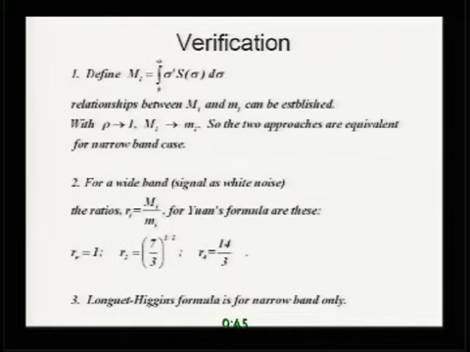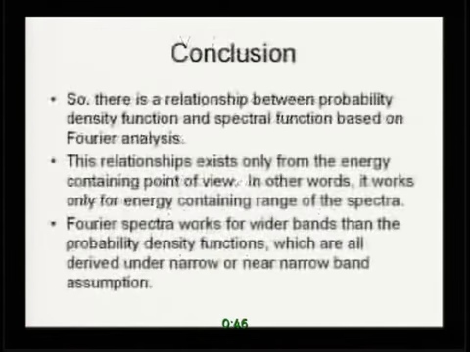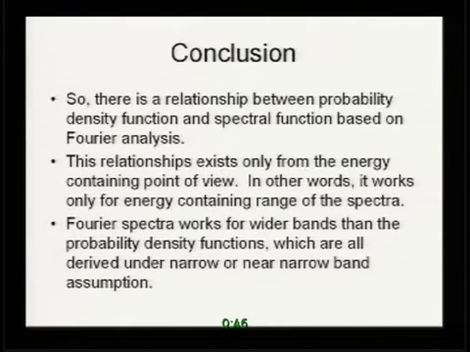So with this, we reach the conclusion that there is a connection, but the connection only works for narrow band, extremely narrow band. Now, we can draw a short conclusion. The conclusion is that there is a relationship between the probability density function and the spectrum based on Fourier analysis.